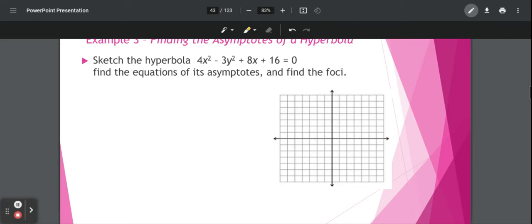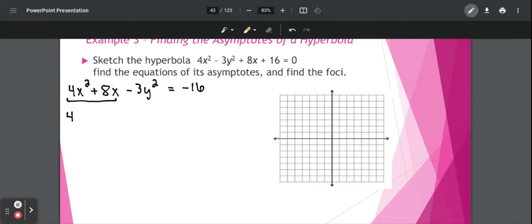So we first start by grouping our x's together. 4x squared plus 8x. We just have a negative 3y squared, and we move the 16 to the other side. So remember, when we start to complete the square, we want, in this case, the 4x squared to have a leading coefficient of 1.